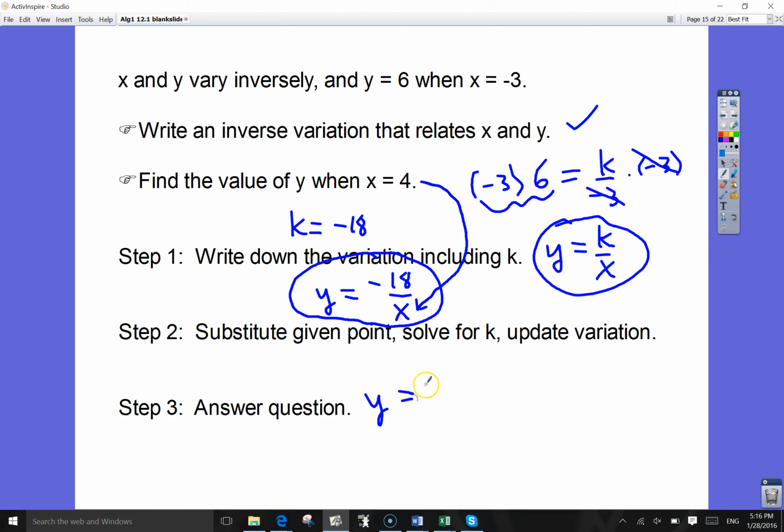Y equals negative 18 divided by 4. And you have a calculator right in front of you if you have to. As a fraction, it could be negative 9/2. As a mixed number, it could be negative 4 and a half. As a decimal, it is negative 4.5.